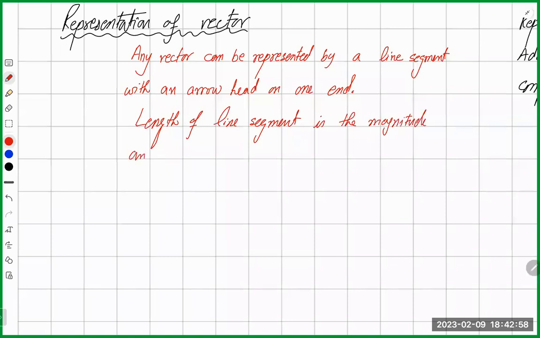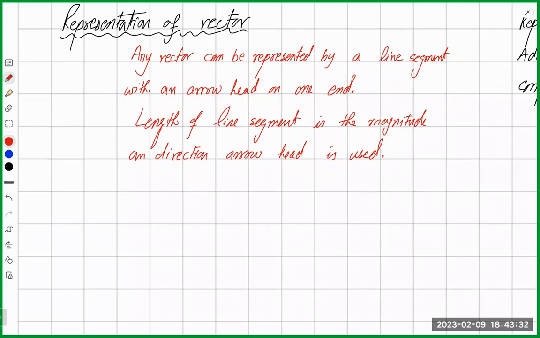And for direction, arrowhead is used. So a line segment means a piece of line, a piece of line that has a certain length.